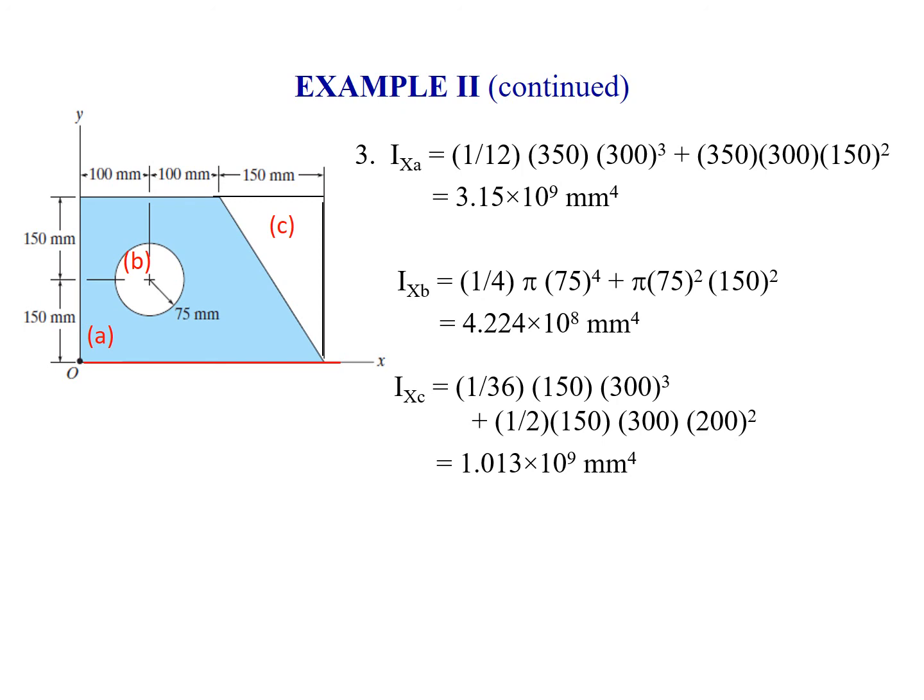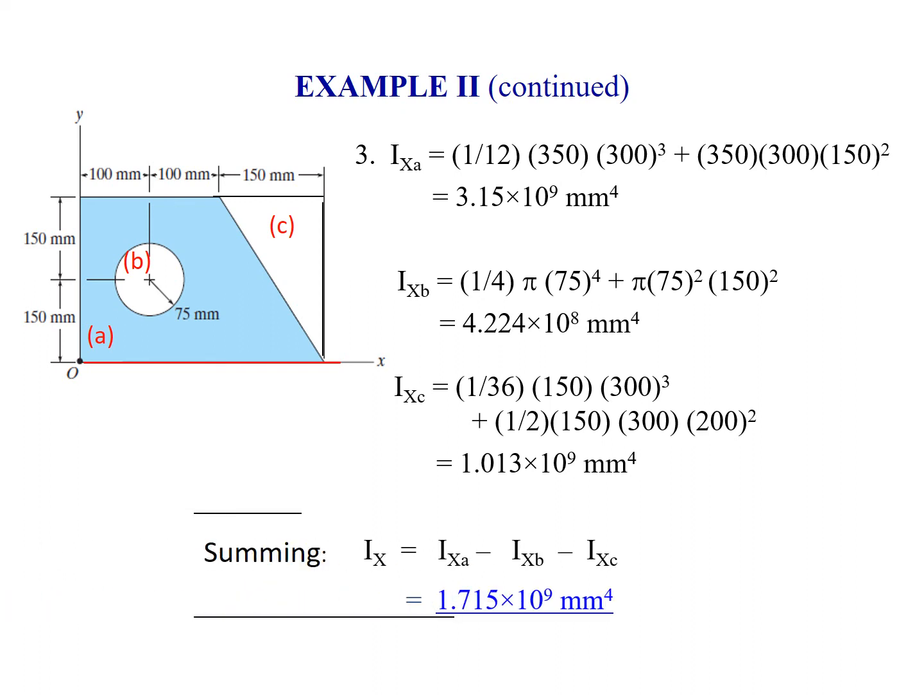But remember that the only whole one was the larger rectangle A, and then we had two holes represented by B and C, so when we want the moment of inertia, we have to remember that we have one positive and two negative components. So we have IxA minus IxB minus IxC to get a total of 1.715 times 10 to the 9th millimeters to the fourth.